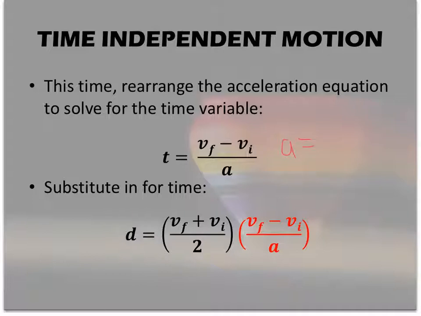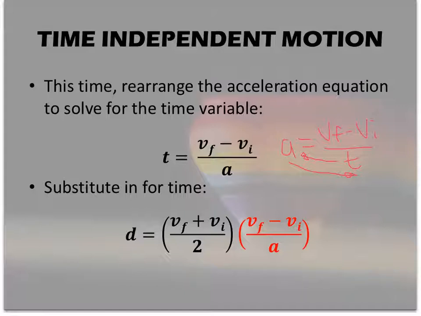So I'm going to use this a equals (Vf minus Vi) over t formula again, and I'm going to multiply the time over to this side and divide both sides by acceleration. So I end up with time equals final velocity minus initial velocity divided by acceleration. And what that does is it isolates the time variable.